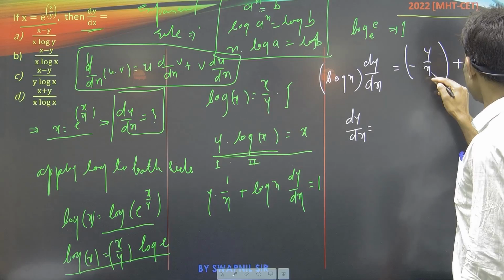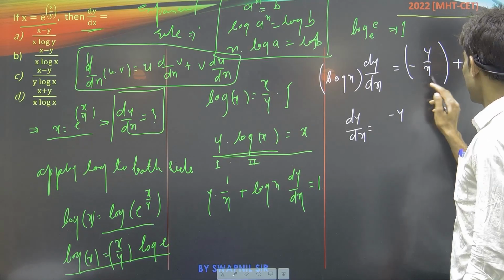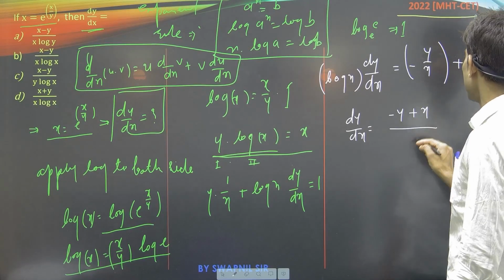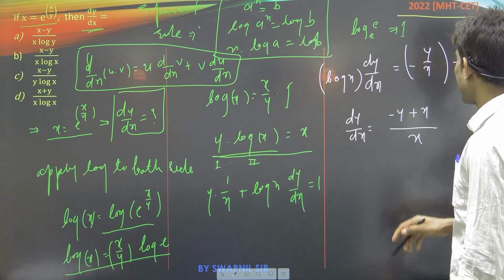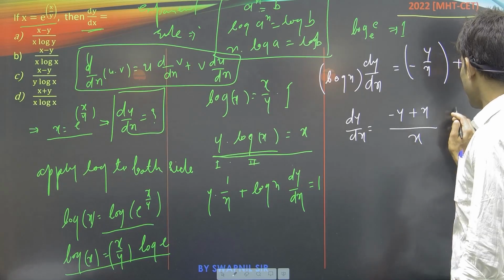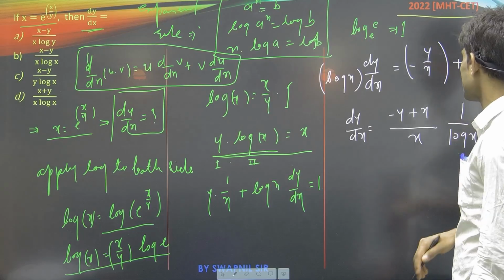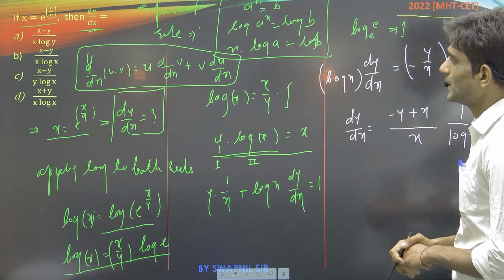Solve this identity, x into 1, so minus y plus x divided by x. Or you may keep that negative sign out of the bracket, and completely divided by 1 upon log x. Now what I have done, I just took that minus y plus x to the other side.